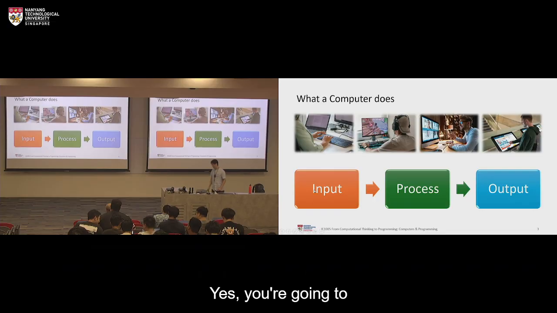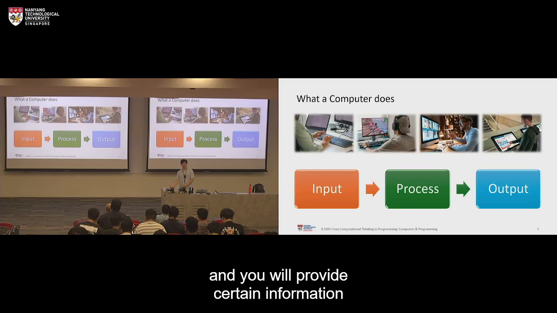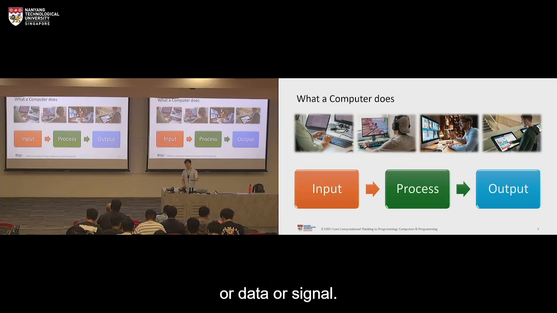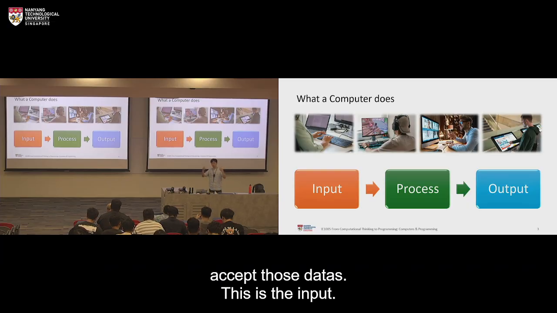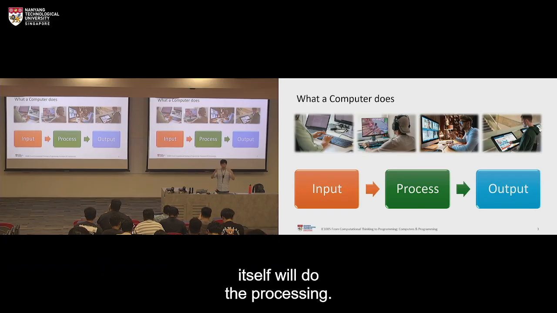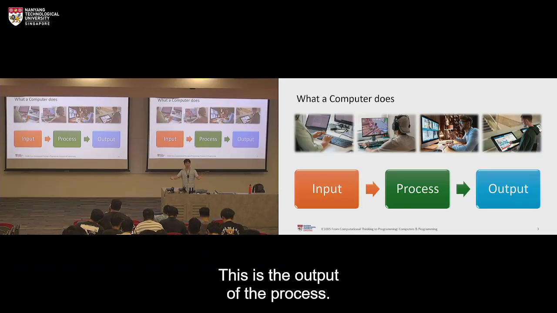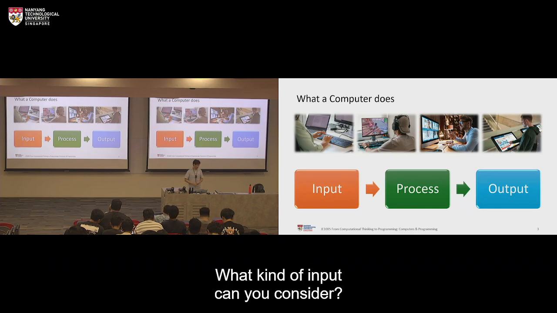Yes, you order something to the computer, and you provide certain information or data or signal, and then the computer will accept those data. This is the input. After that, the computer itself will do the processing. Then eventually it will give you a certain outcome. This is the output of the process.